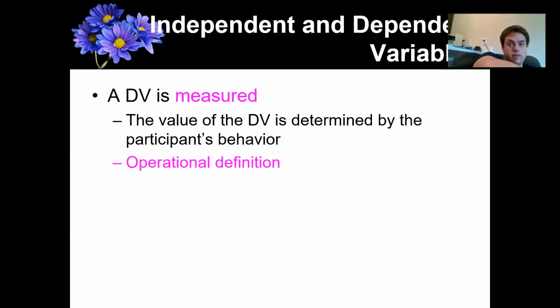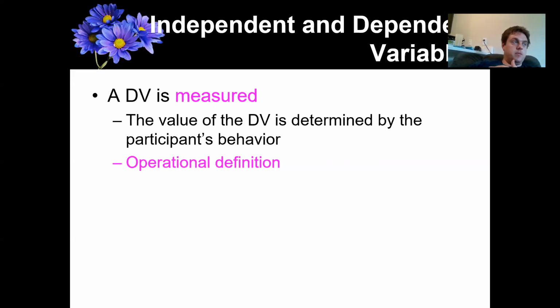Okay, so the dependent variable is going to be the thing that you measure in terms of a response. So if I'm again looking at cell phones and driving, I'm manipulating whether they have a cell phone. And my 2 conditions or my 2 groups or treatments are having a cell phone or not having a cell phone. Okay.